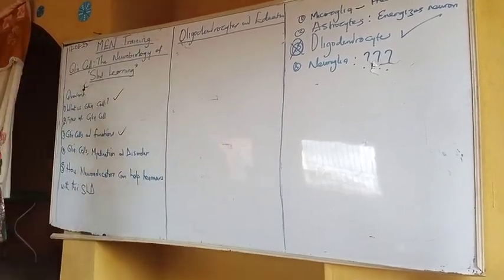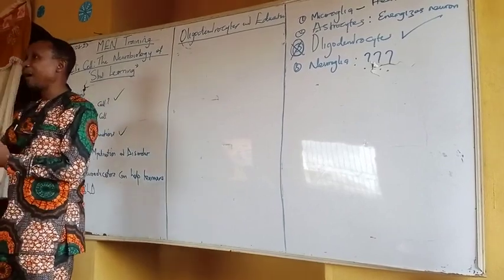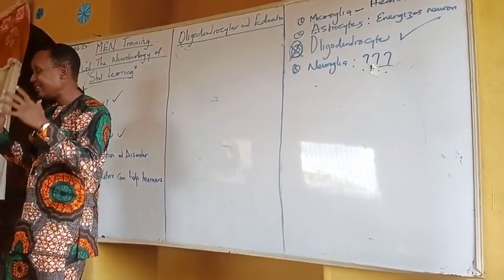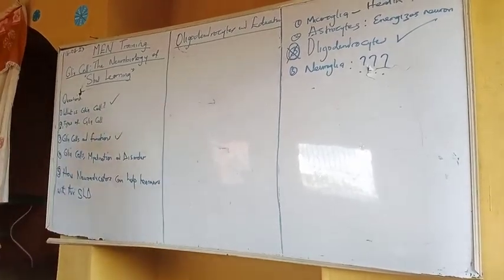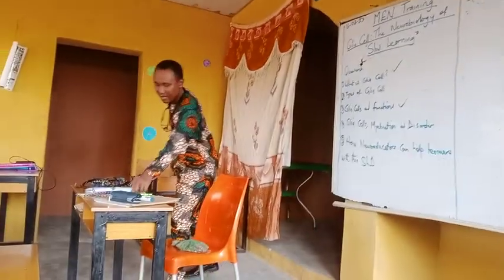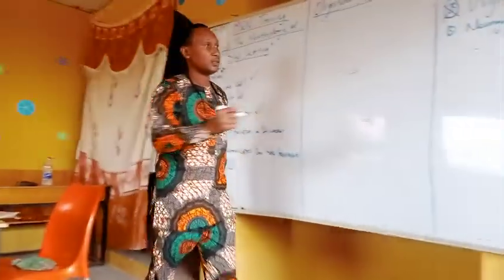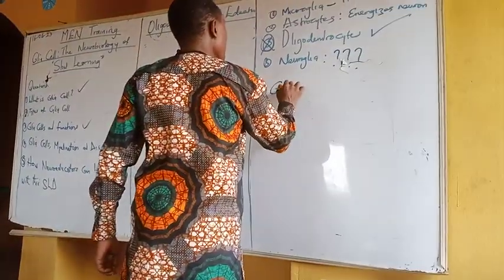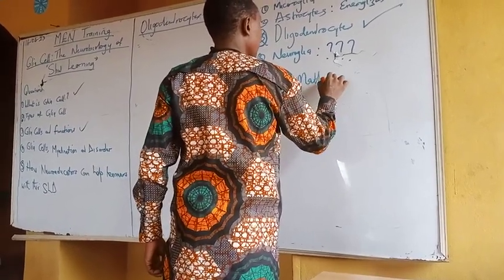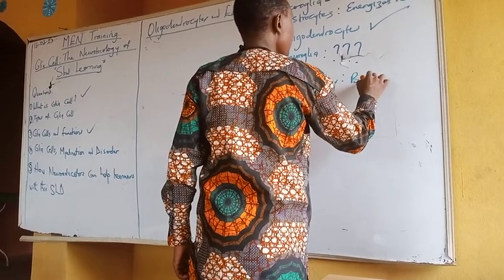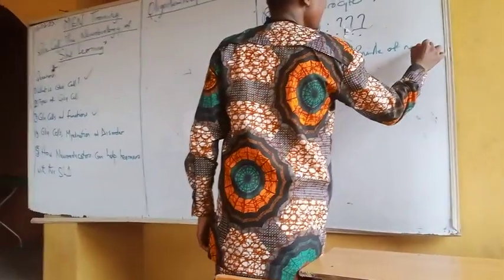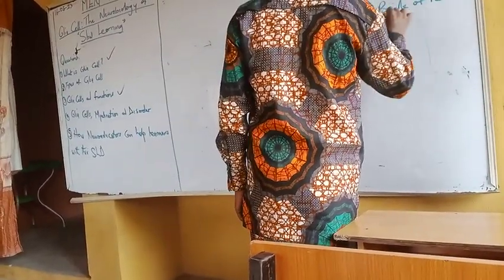If you remember, yesterday I told us about the gray matter and the white matter. In the brain, we have the gray matter and the white matter. Gray means bundles of neuronal cells.